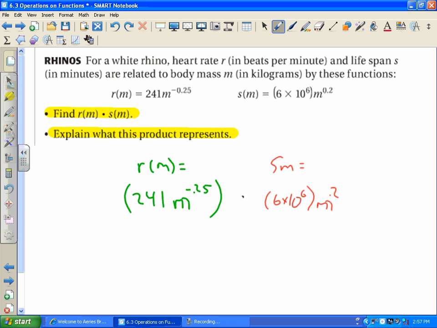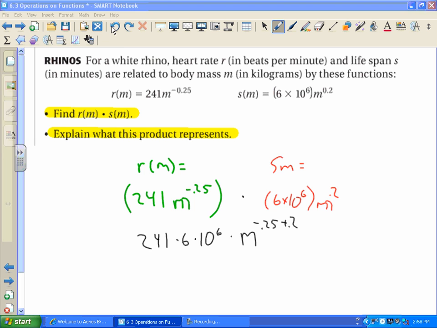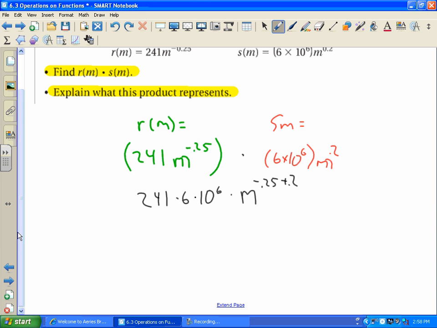I have 241 times 6 times 10 to the 6th, and that's going to be times m to the negative 0.25 plus 0.2. Again, remember when I have exponents that have a common base and it's asking me to multiply, then I keep the base the same and I add the exponents. That's from yesterday. So multiply 241 times 6 times 10 to the 6th.